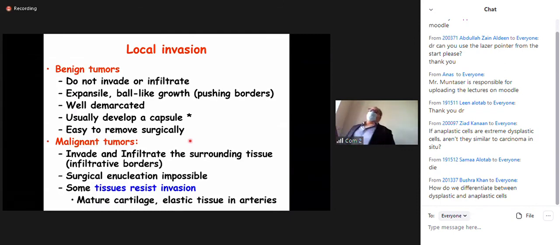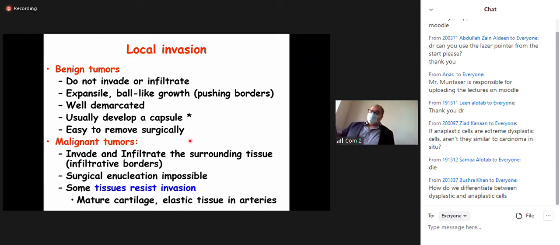Local invasion. For the most part, benign tumors do not invade nearby tissue. This is, again, the most common rule. But there are benign tumors that are aggressive. So, again, medicine is all about, unfortunately, exceptions, and there are exceptions to the rule.